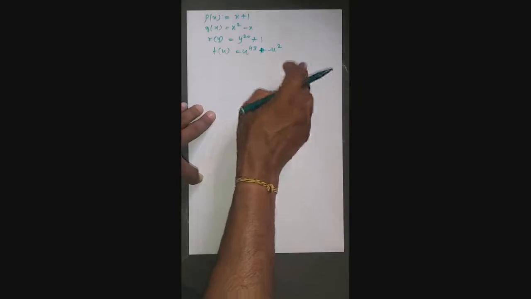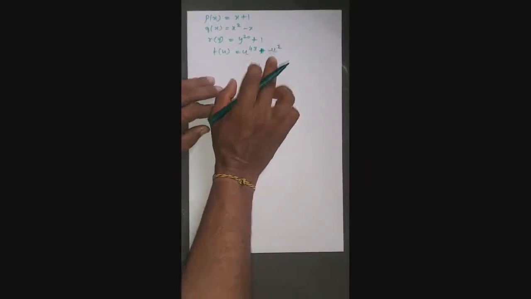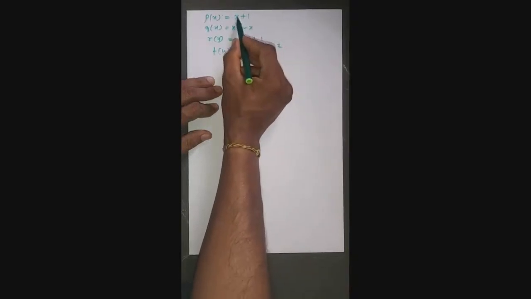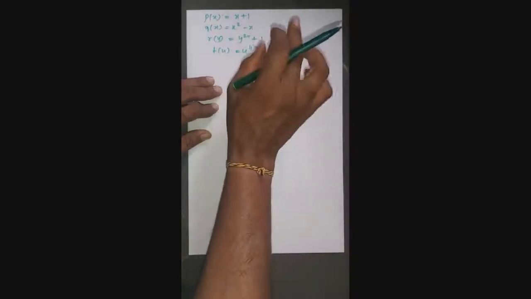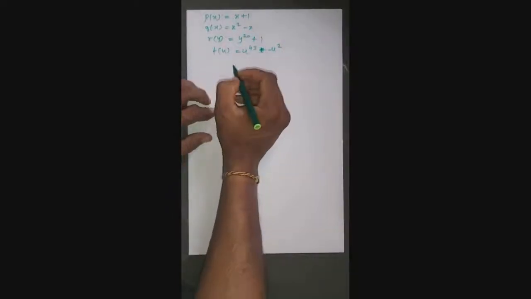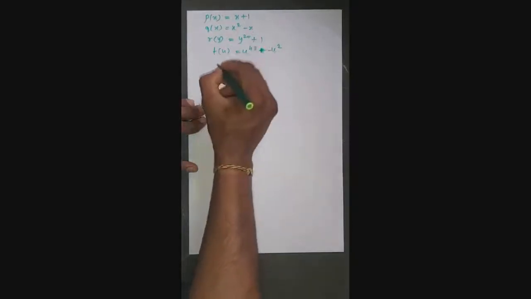Each of these polynomials has only two terms. Polynomials having only two terms are called binomials.